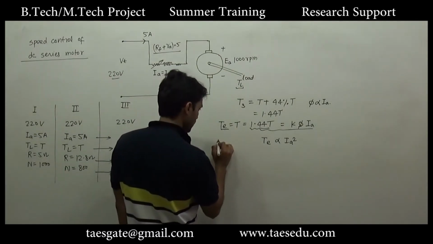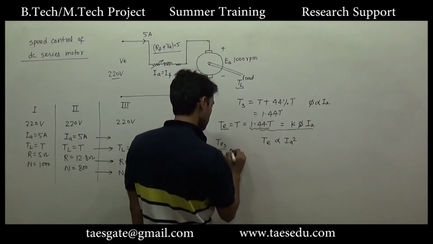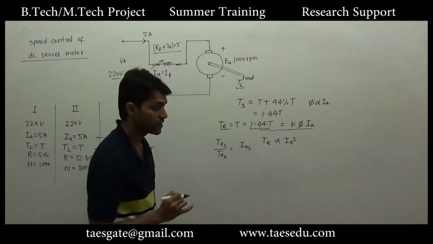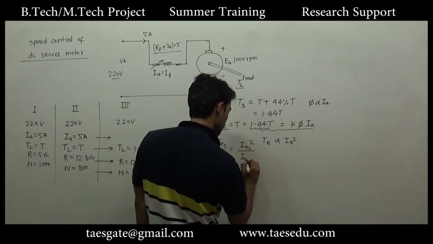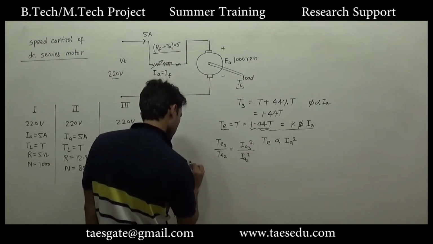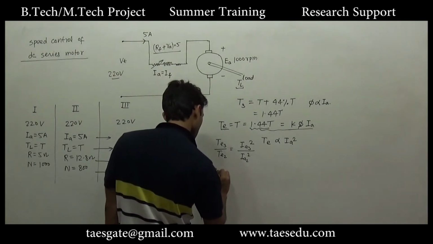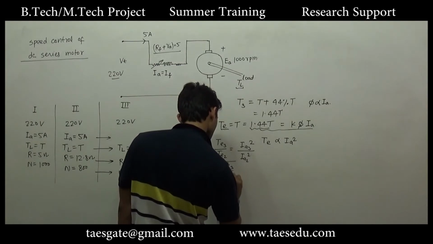So we will write TE3 divided by TE2 equal to, let's say IA3 is the armature current in third case, square divided by IA2 square. So from here we can write IA3 is equal to IA2 into root under TE3 divided by TE2.